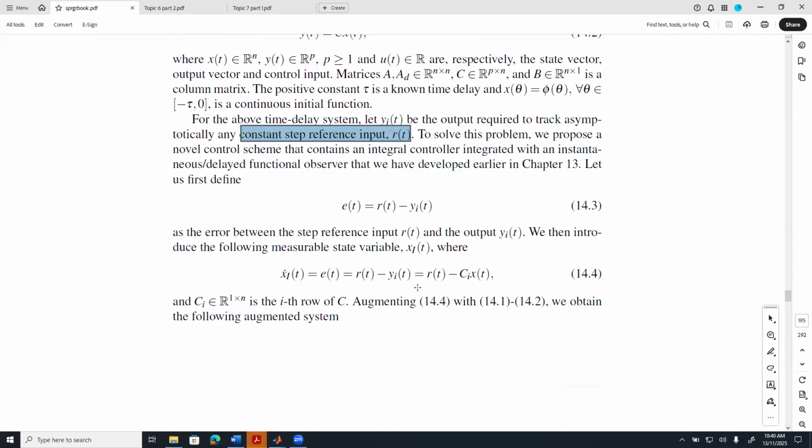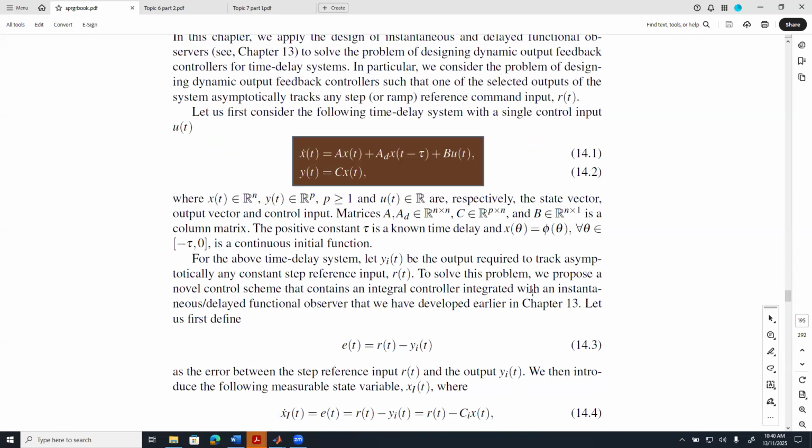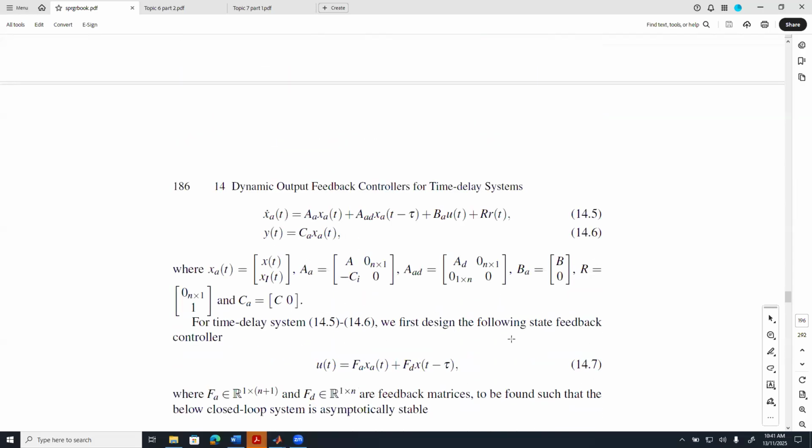Now, if we augment this equation, which is a differential equation itself, together with the system itself, the time delay system, then we arrive at an augmented system, which is this expanded system where we have a reference signal there.